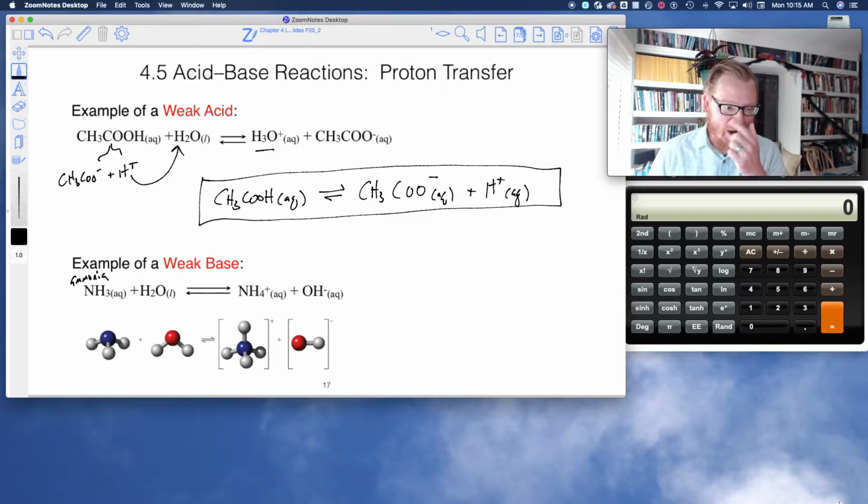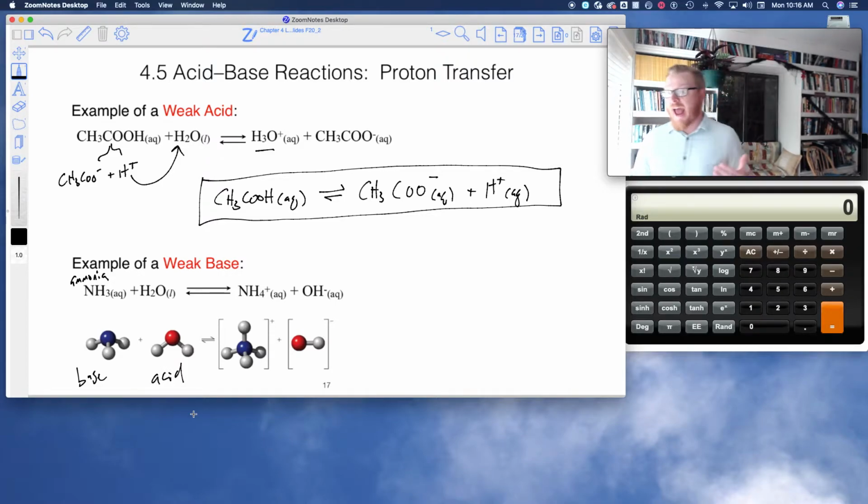Now when we see ammonia reacting with water, ammonia is our base and water is our acid. I mentioned before that water can act as an acid and a base. When you react water with an acid, water will act like a base. When you react water with a base, water will act like an acid.